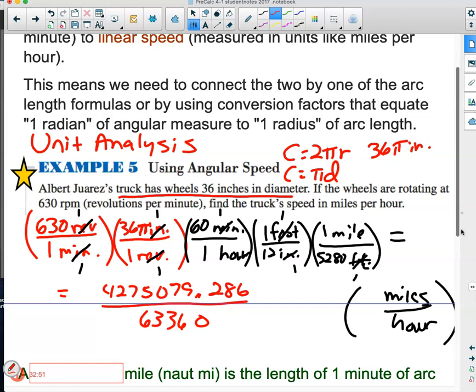Divided by 12 times 5,280 times 1 times 1 times 1. And that should come out to approximately 67.473 miles per hour.